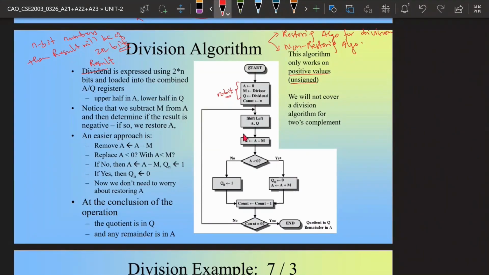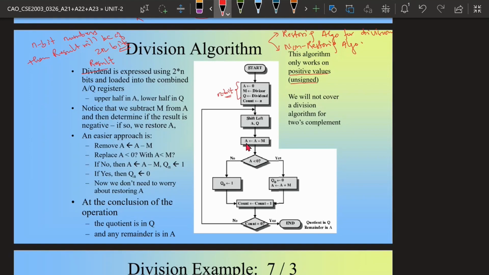Okay, and then we will be checking the sign bit of the accumulator. Once after subtraction, if the sign bit of the accumulator content is negative, or you can consider that A stored in the A register is less than 0, it means it is a negative number.